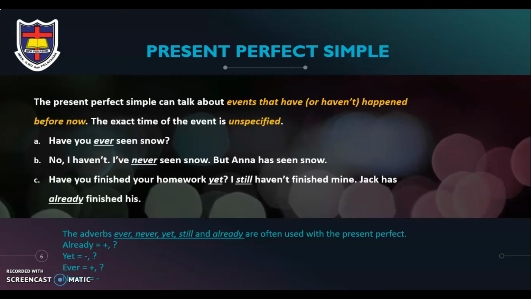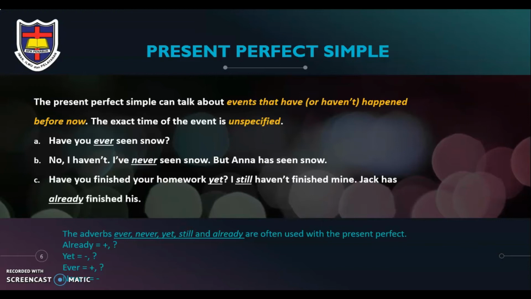In other words, you can use present perfect simple whenever you want to express an activity when you are not sure of the exact time it happened. In this situation, you can use some time signals in present perfect simple: ever, never, yet, still, and already. Look at the examples of how to use them.